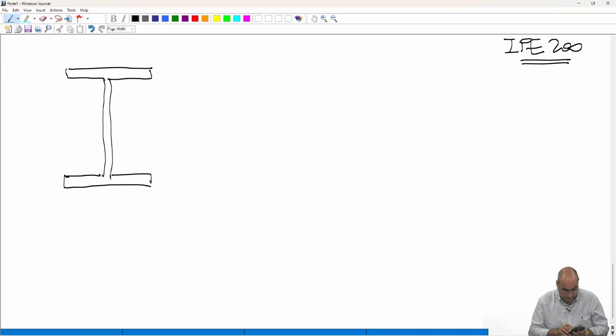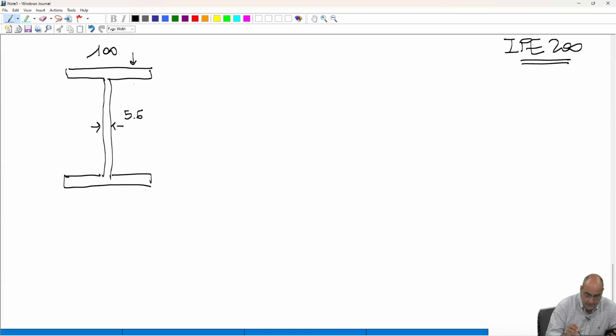Okay, this profile, now you have to pick up your calculator. This is 100 millimeters. Don't mind that it's steel and not concrete, just to have a sensibility for the numbers.